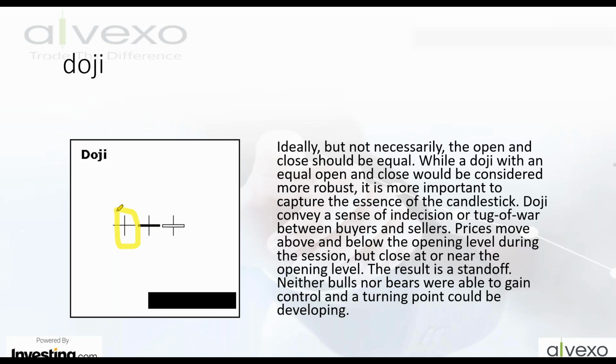When dojis were adapted to the financial markets, it was mostly stocks that moved slowly. If the stock opened at $100 and closed at $100, maybe that stock only traded in 25-cent increments. So it opened at $100, went up to $100.25, closed at $100. That was quite often, and you'd have no difference between open and close.